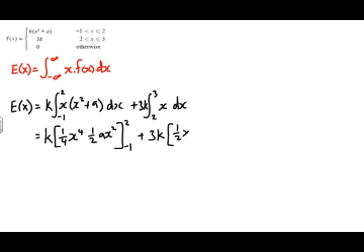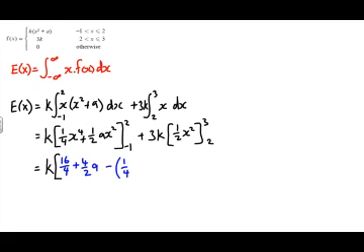Integrating x is just a half of x squared, 3 and 2. Okay, let's do some substitution. That'll give us 16 over 4, minus, with -1 substituted in there, 1/4.